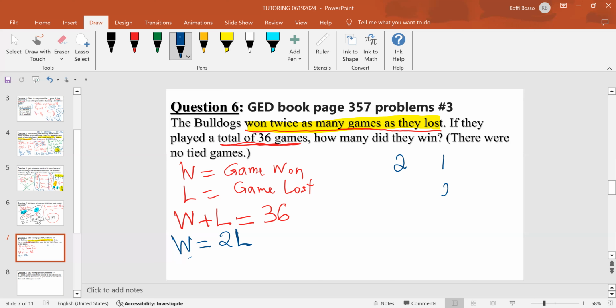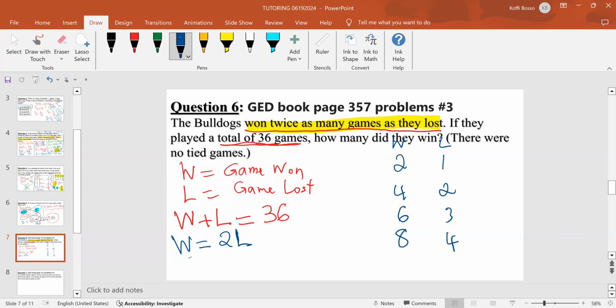If they lost two, they win four. If they lost three, they won six, and so on. Or if they won eight, they lost four. That's the correlation between won and lost.